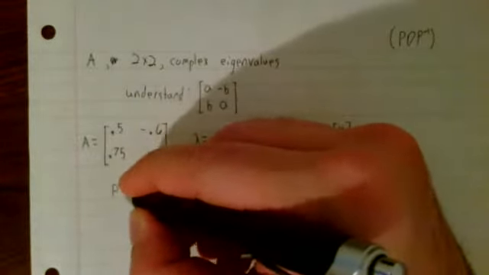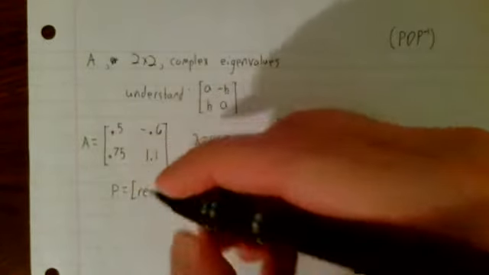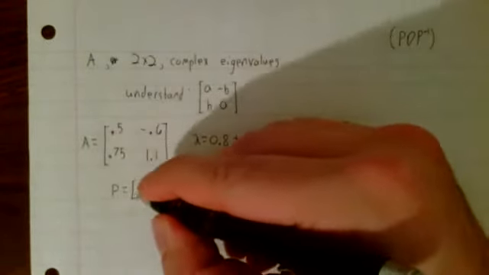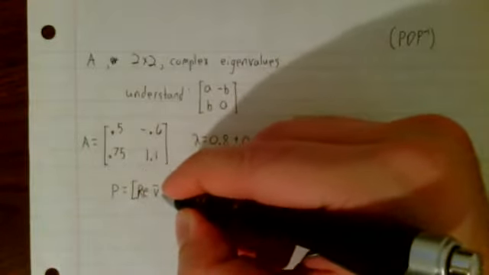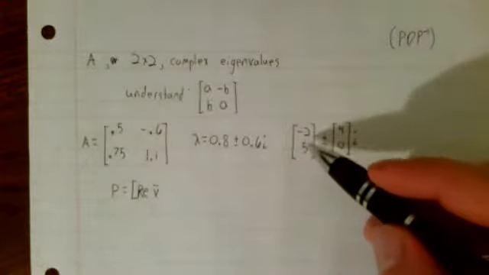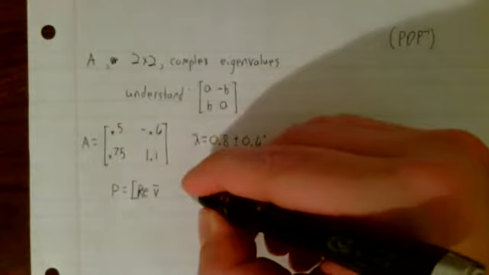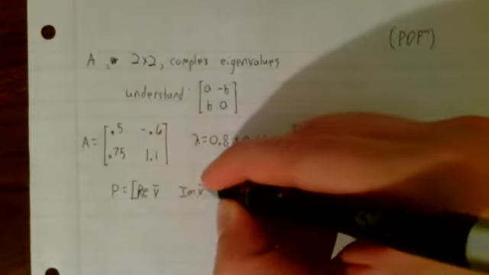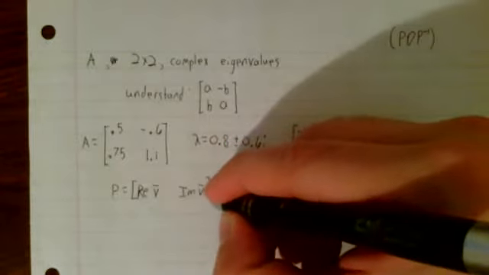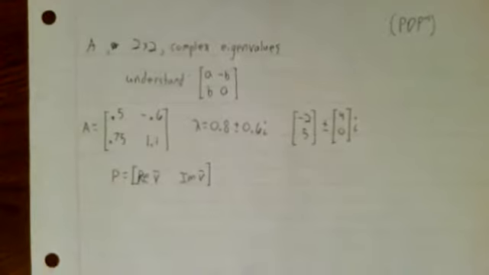And the way we're going to do that is to take the real part of these eigenvectors, and take the imaginary part and form a matrix like so.